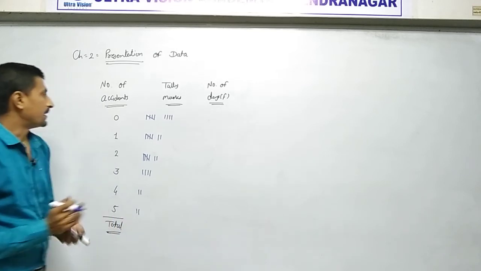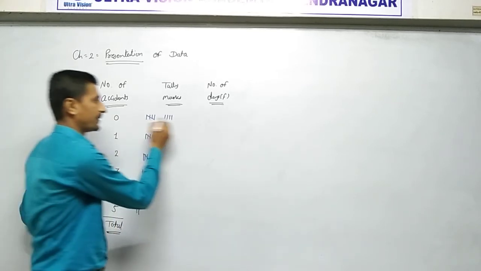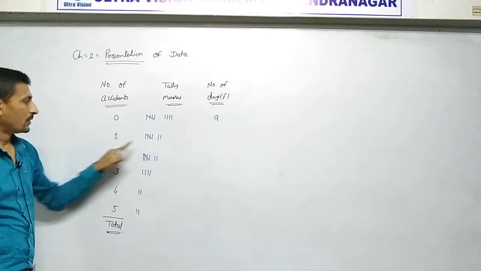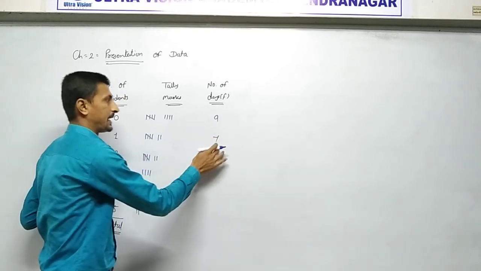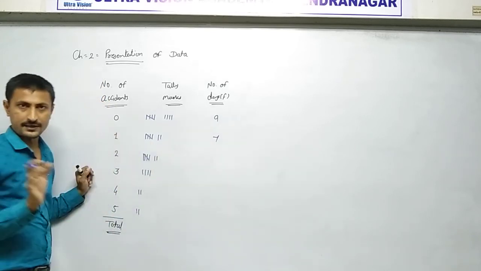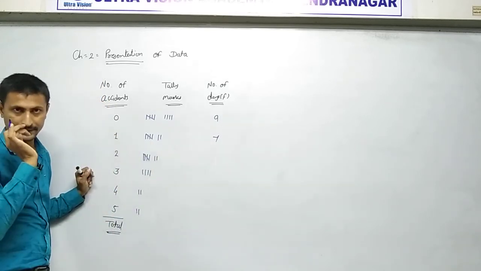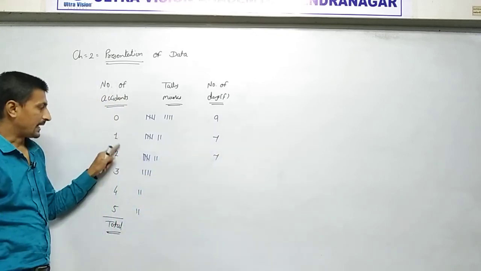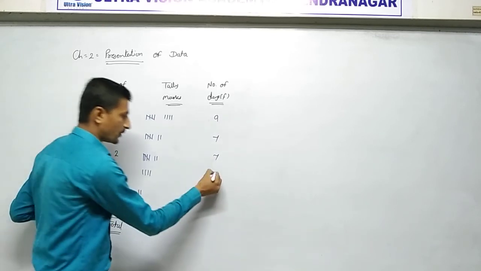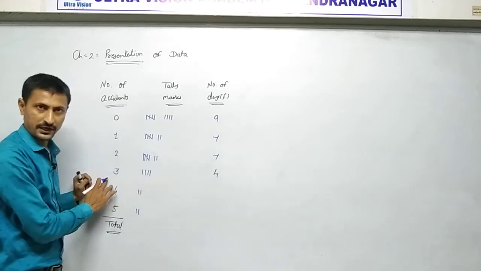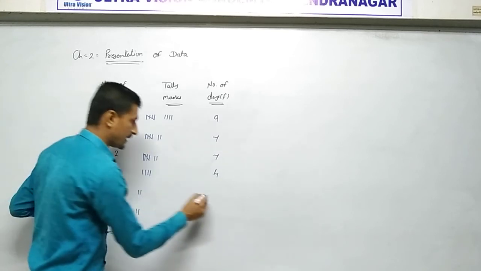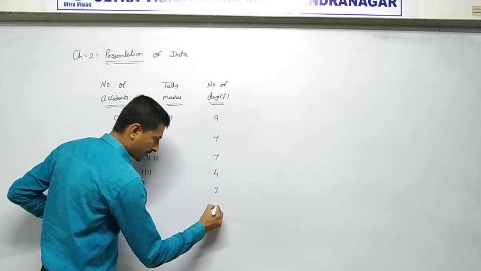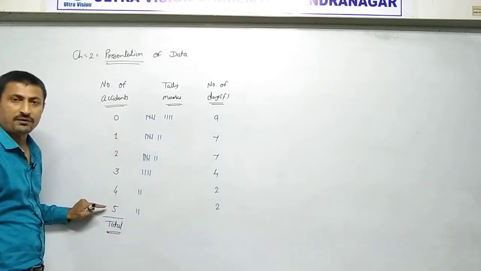So for the number of accidents 0, the number of days is 9: nine days had no accident. Seven days had one accident on a particular road of a city, seven days had 2 accidents, 4 days had 3 accidents, 2 days had 4 accidents, and 2 days had 5 accidents.